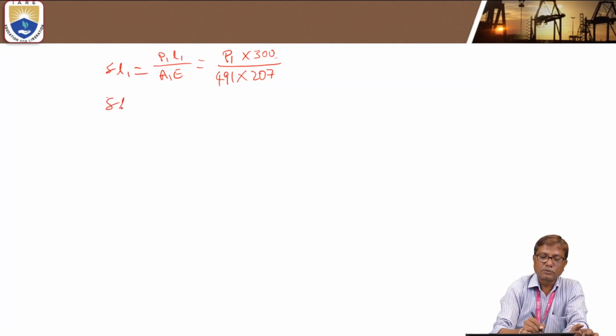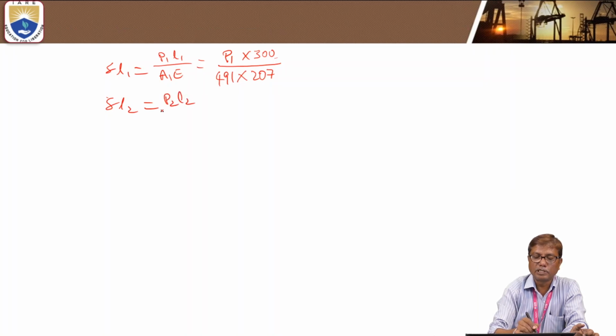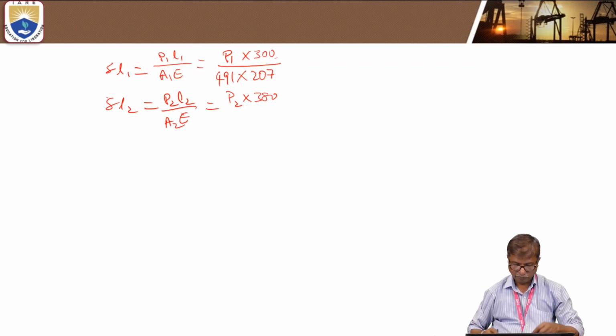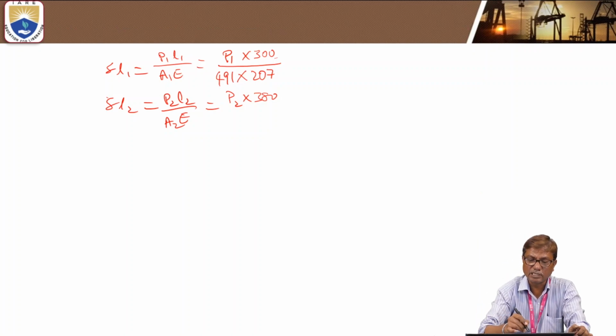And delta L2 is P2 L2 by A2E. This is decrease in length. So P2 into L2 is 380. The length of member BC is 380.